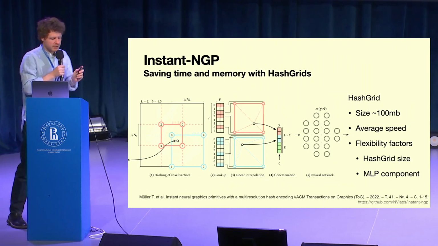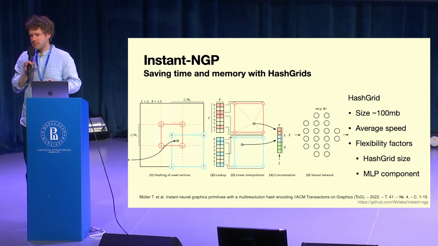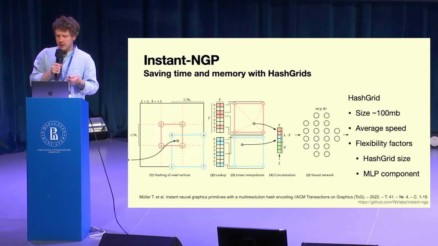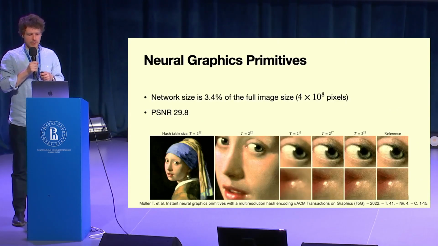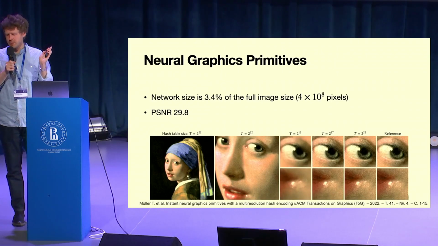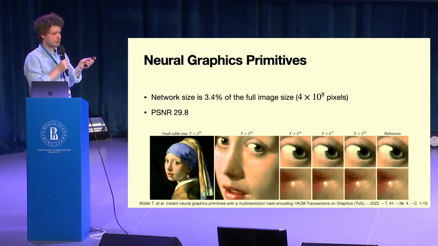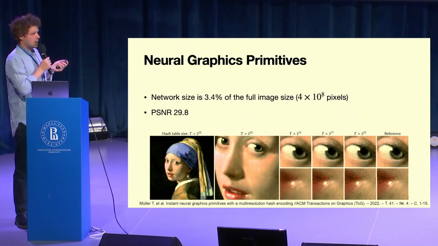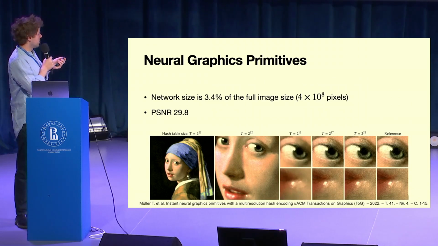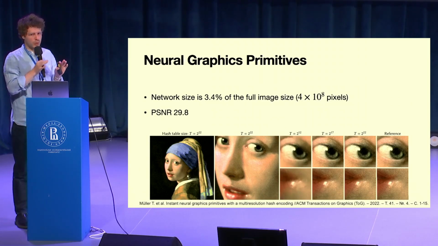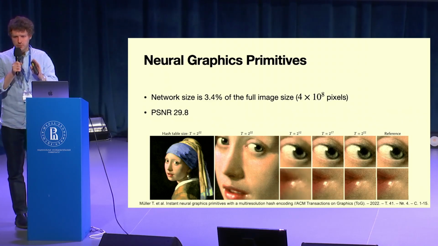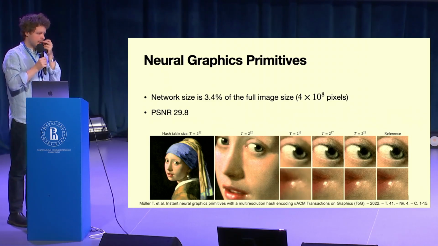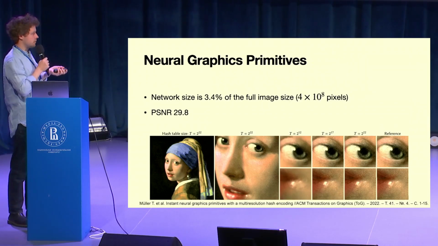I've already mentioned that you can represent other types of data as vector fields, and the authors of the architecture from the previous slide used this architecture to also model high resolution images, and they showed that this solution, with no prior data about how compression algorithms work and so on, tends to compress large images with quite good quality.